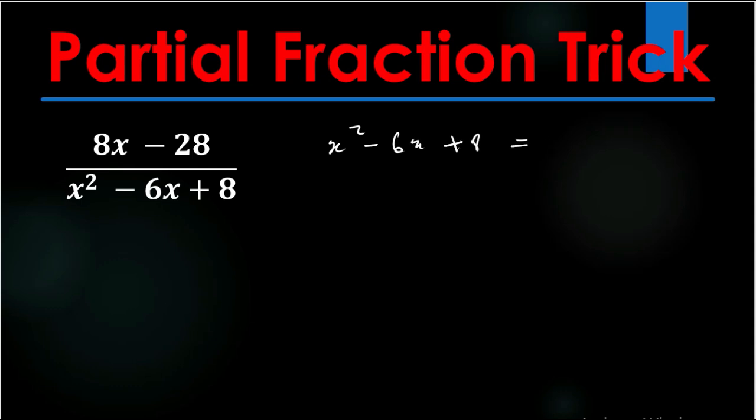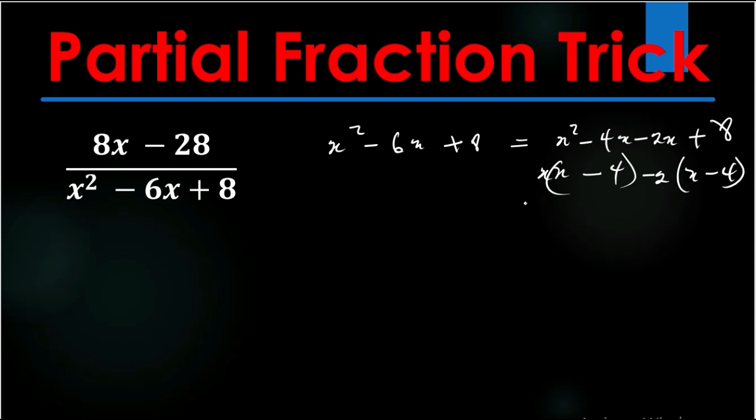If you factorize this, it should come from x squared minus 4x minus 2x plus 8. That will be x times (x minus 4), that's x minus 4, and minus 2 times (x minus 4), that's x minus 2. So on factorizing, we'll have x minus 4 into x minus 2.